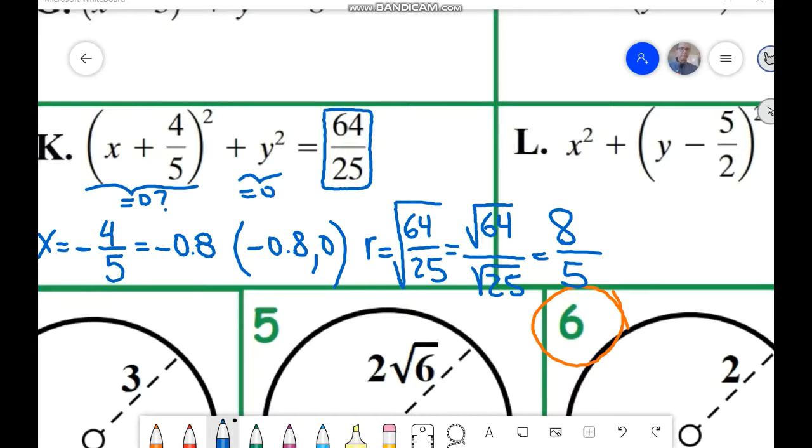Calculate 8 divided by 5. Okay, Devin, no problem. You can type it in a calculator, and it's going to be 1.6. So the result is 1.6.